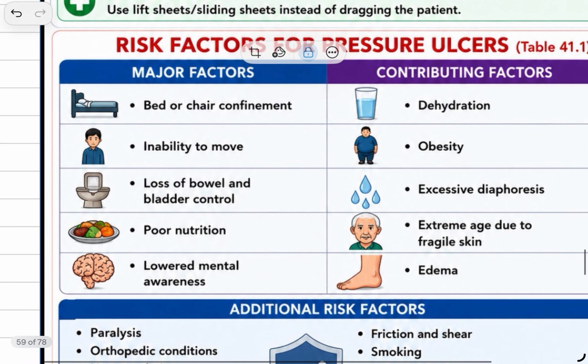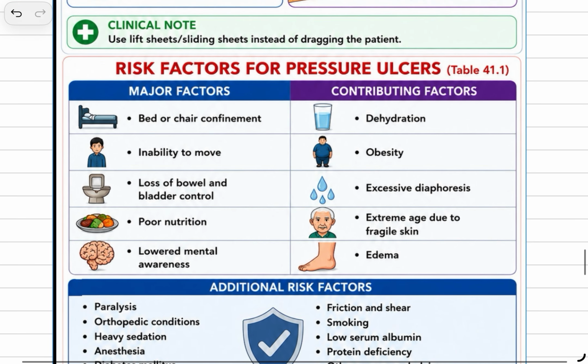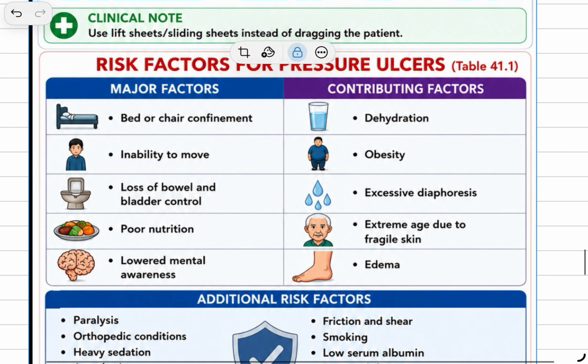Here the risk factors are telling about what may happen, that means it has not happened yet. Risk factors means if these risks are there, then they may cause the pressure ulcer. Are you understanding? So, loss of bowel control, and wait for a minute.